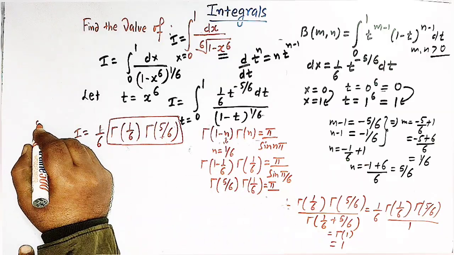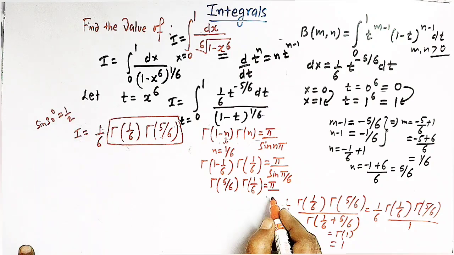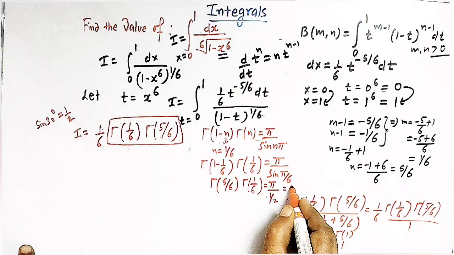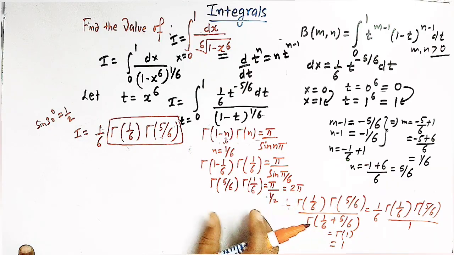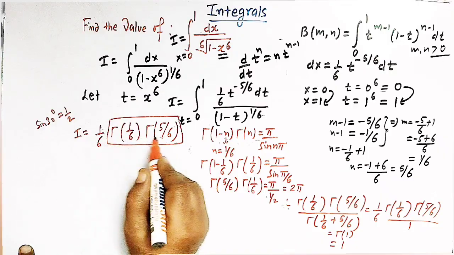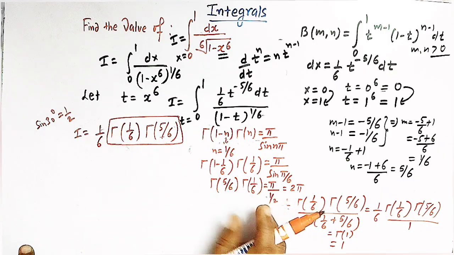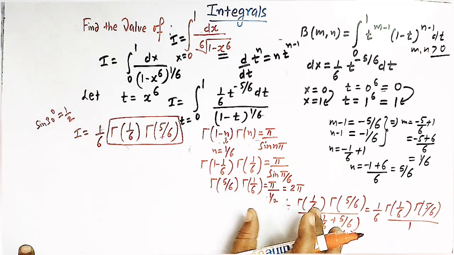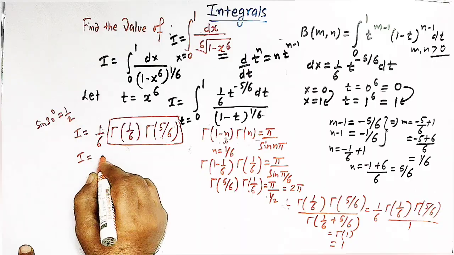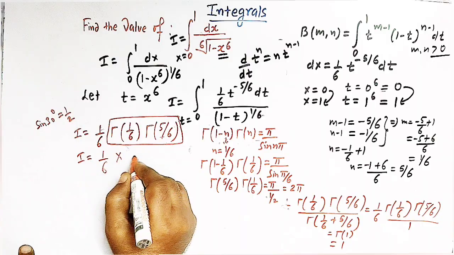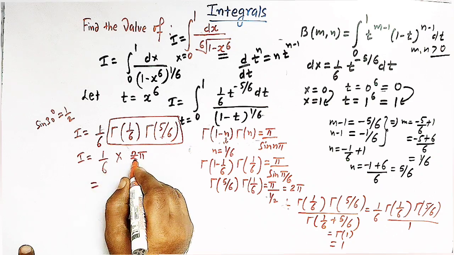Now sine pi by 6 is sine 30 degrees, that is equal to half. So here we have half, so this is equal to 2 pi, taking this 2 to the numerator. So the product of gamma 5 over 6 and gamma 1 over 6 is equal to 2 pi. So substituting this value over here, the value of the integral I is now 1 over 6 times 2 pi, and we can now cancel this 6 by 2.